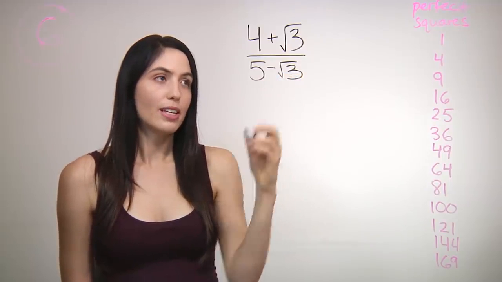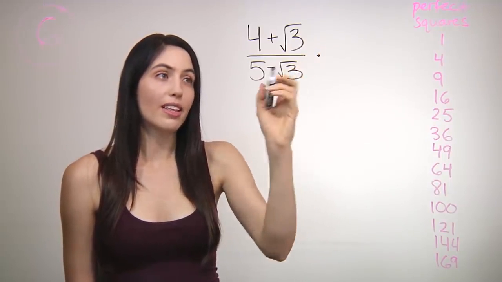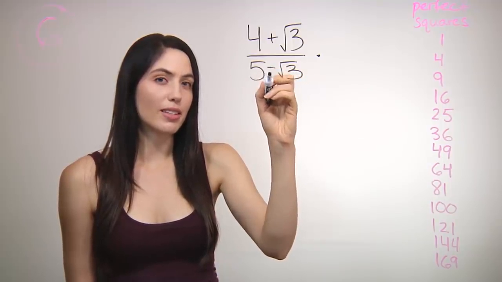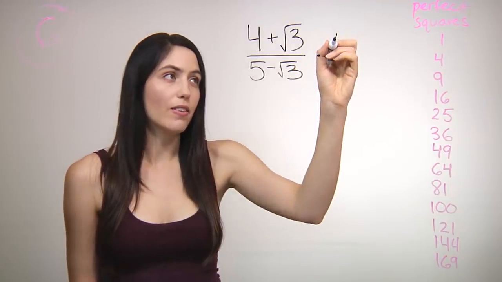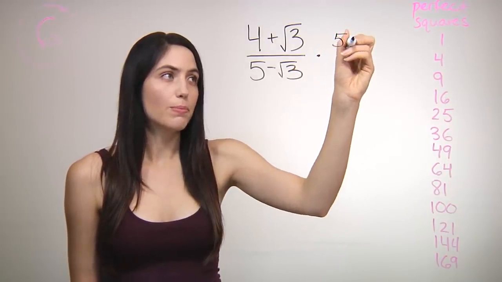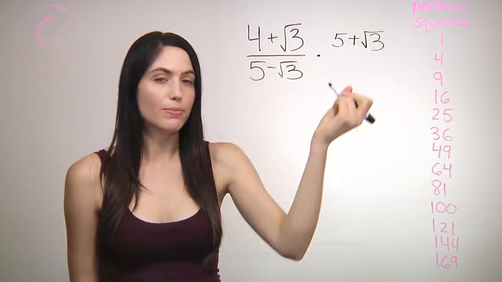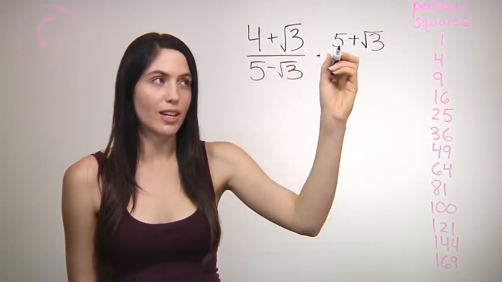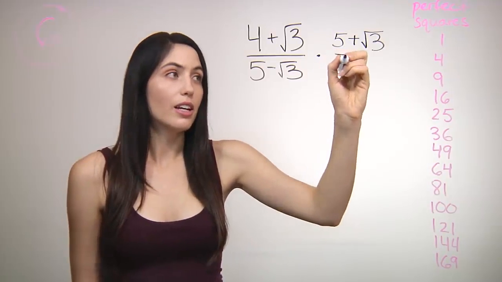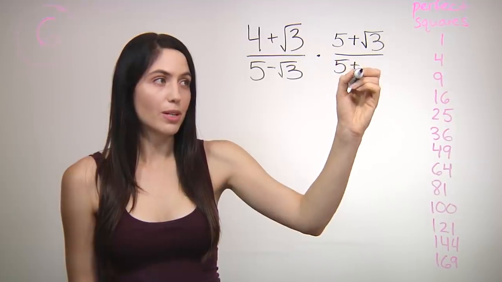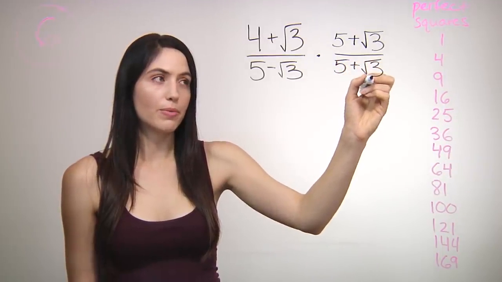What I mean by that is you're going to multiply by this expression, 5 minus root 3, but with the sign flipped. So it's actually 5 plus root 3. That's very important that you change the sign. And over itself, the same 5 plus root 3 in the bottom.